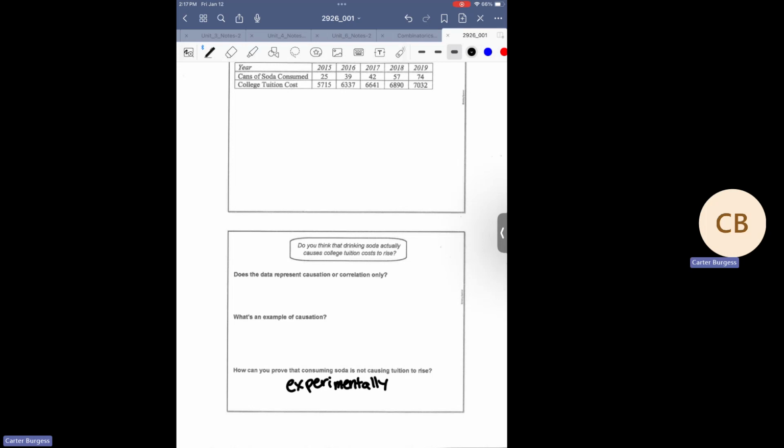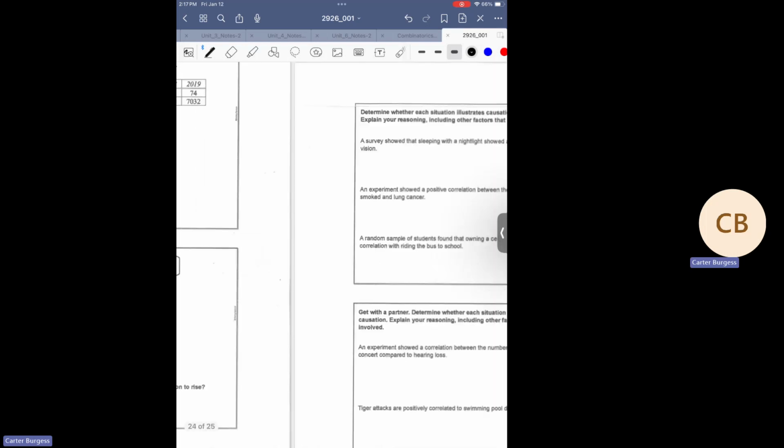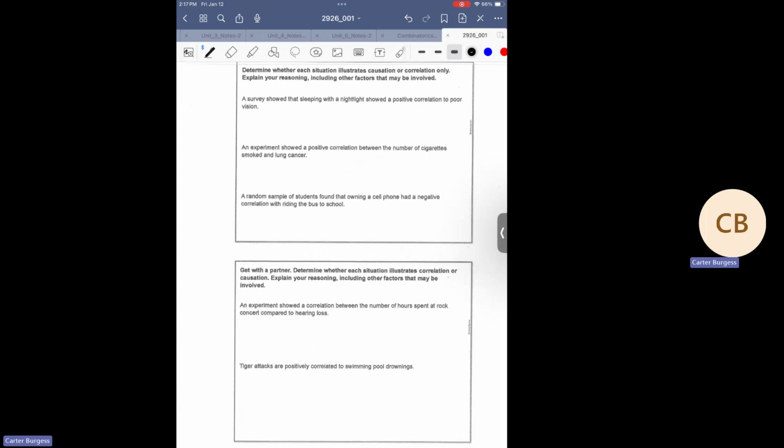Let's take a moment. We've got 5 different settings here. Some of these are causation, some of them are correlation. I want you to go ahead and label them accordingly. Is what we see just correlation, or do we have enough to say that variable A is causing variable B?